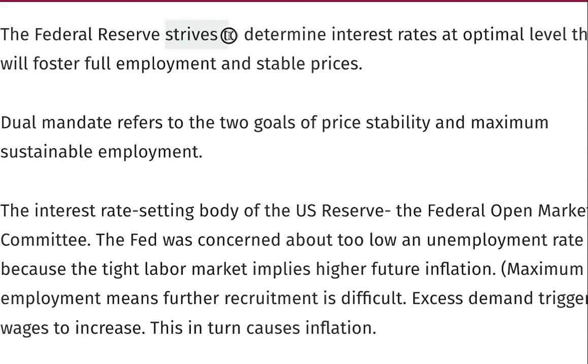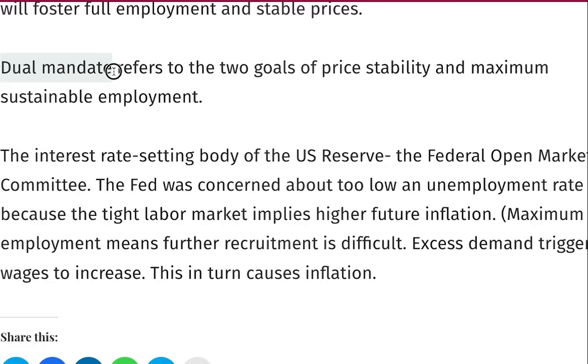The Federal Reserve attempts to set interest rates at an optimum level that will foster or promote full employment and stable prices of goods and services. Dual mandate. What is the dual mandate? It refers to the two goals of price stability and maximum sustainable employment.